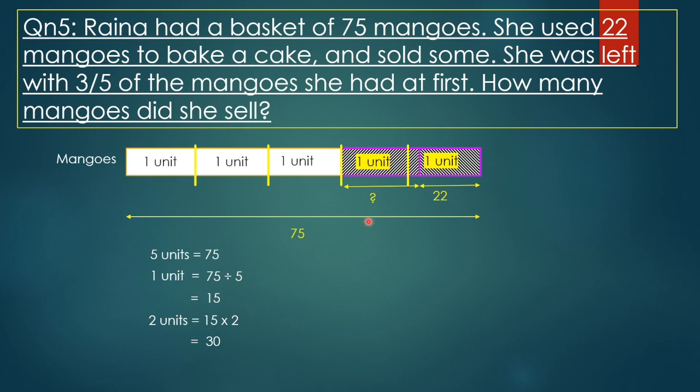So this 2 here is 30, and we know that she used 22 mangoes and then she went on to sell some. So the number of mangoes that she sold would be 2 units, which is 30, minus 22 equals to 8. So she sold not 20, but she sold 8 mangoes. Reina sold 8 mangoes. That's the answer.